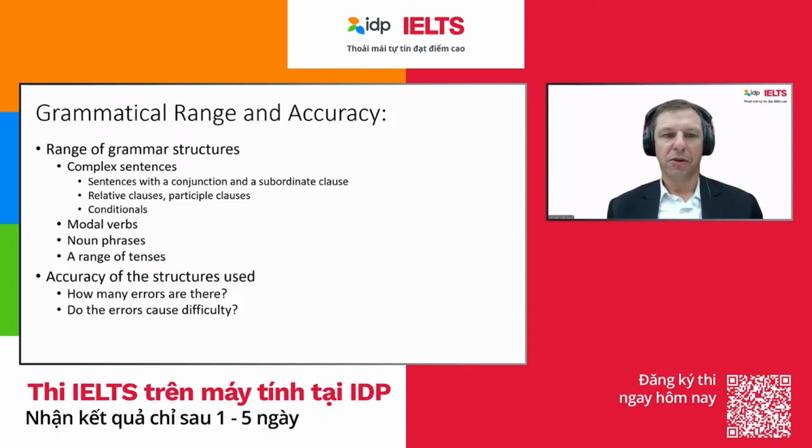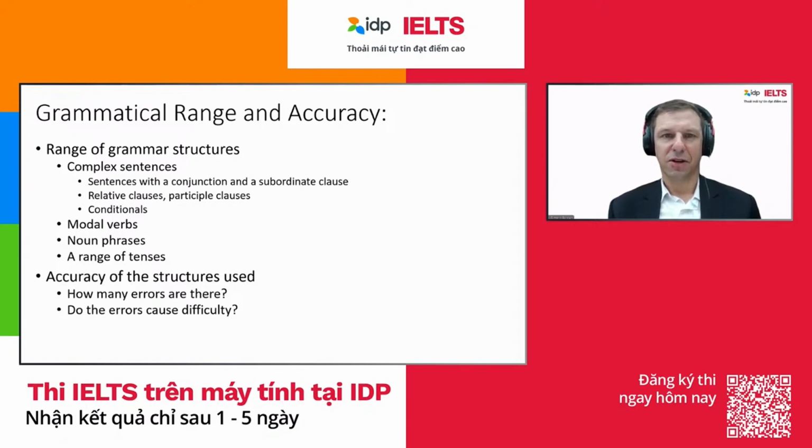So what do we mean by the accuracy? So how many errors are there in the sentences, and do those errors cause difficulty with understanding? So of course, the more errors there are, the more difficult it is for the listener to understand, then generally the lower the band score will be. But try to be as ambitious as you can.